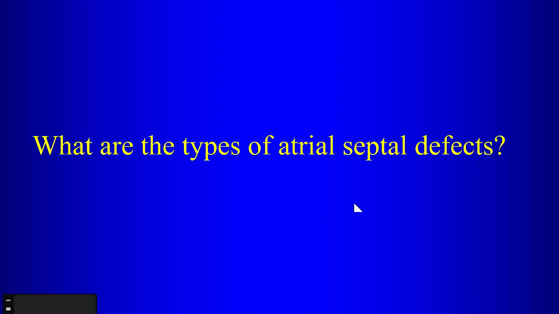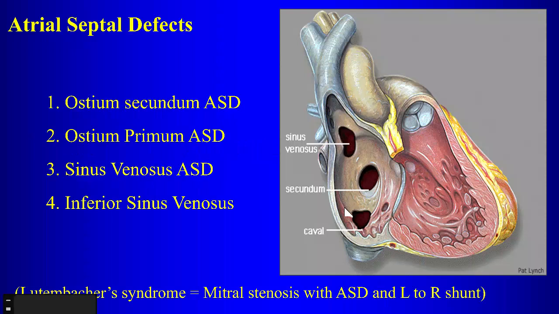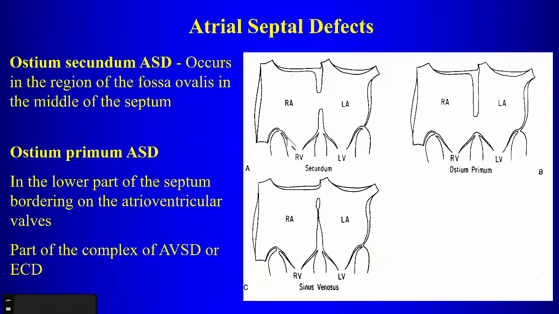Those can be associated with endocardial cushion defects. And there are some other types too. There's an inferior sinus venosus that can occur down here, near the insertion of the IVC, so that can also occur. Okay. So secundum, through the middle of the atrial septum, is the most common type.